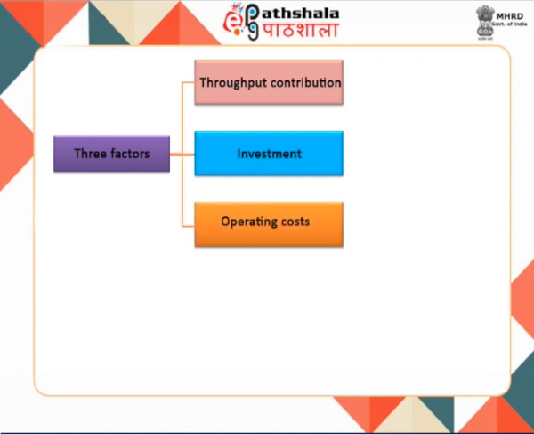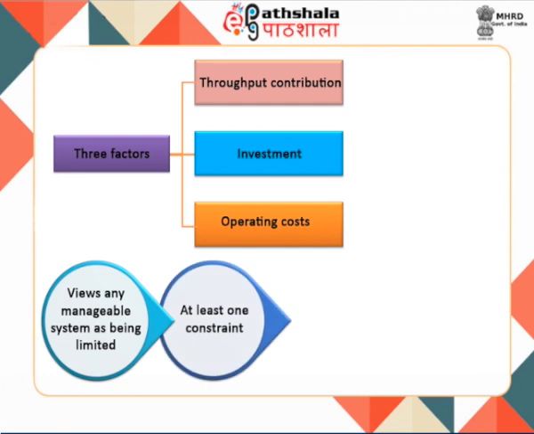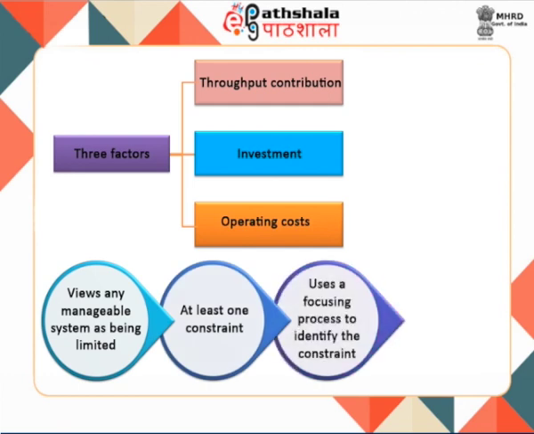To sum up, the theory of constraints is a management paradigm that views any manageable system as being limited in achieving more of its goals by a very small number of constraints. There is always at least one constraint, and TOC uses a focusing process to identify the constraint and restructure the rest of the organization around it.